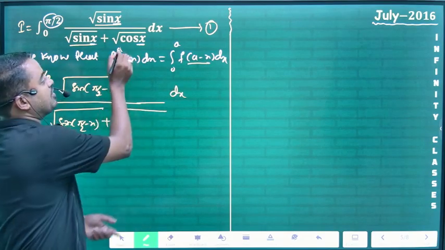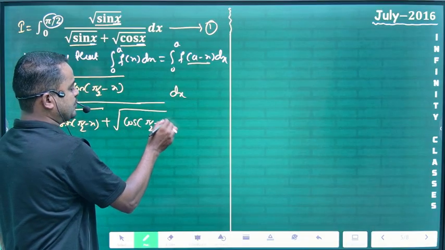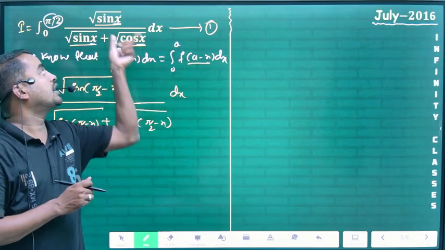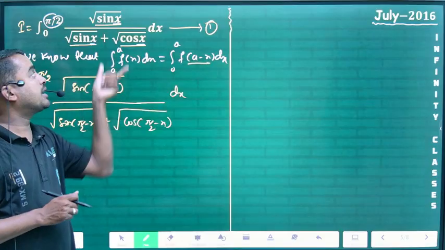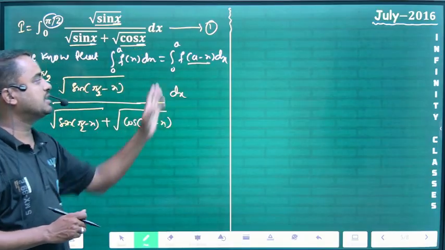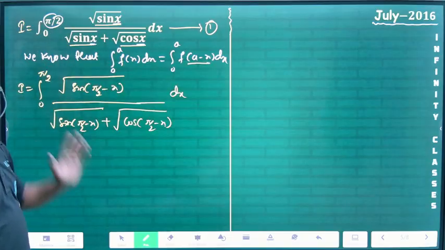Cos x will become cos(90 minus x). We apply the property in the very first step only, because we are applying a minus x. What is the value of a here? That is 5π/2.